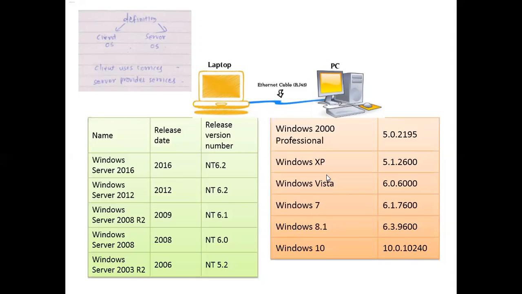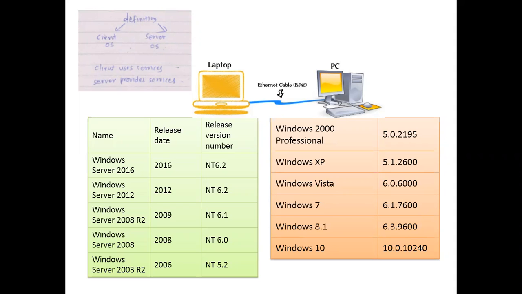What is the basic difference? The different servers like web server, FTP server, telnet server, proxy server are built into the server operating system, and you just need to configure them. Whereas in a client operating system, if you really want to install these servers, you have to separately take those server installables, install them and configure them accordingly. So this is the basic difference.